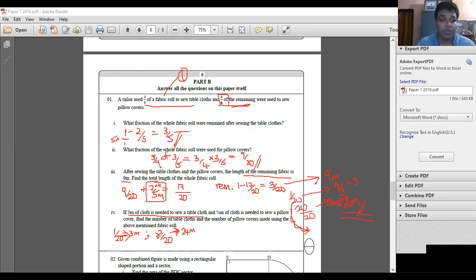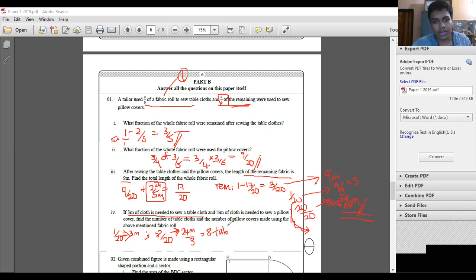We found 1 over 20, one unit, is 3 meters, so 8 times it gives 24 meters. Because 3 meters of cloth is needed to sew a tablecloth, the total divided by the single unit needed gives 24 divided by 3, which is 8 tablecloths.